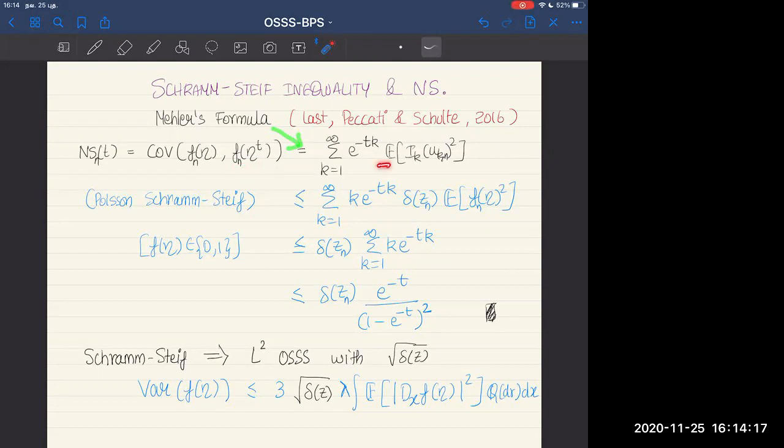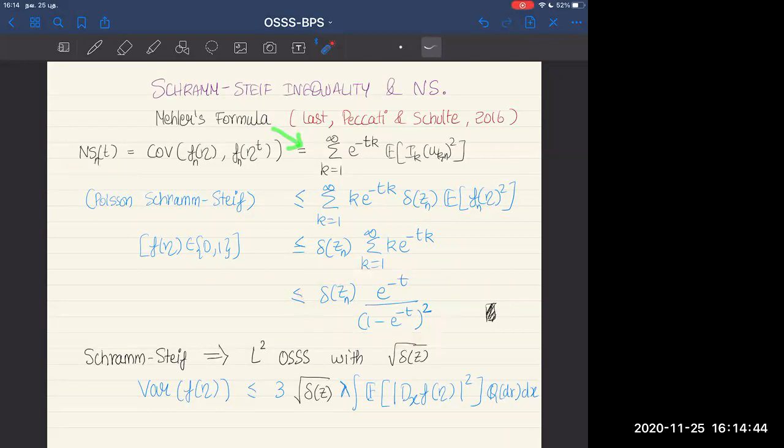And once you use this, use the Poisson Schramm-Steif inequality here. This is a very simple derivation from Poisson Schramm-Steif. And now it is very clear what to do. f_n is 0,1 valued, so this term vanishes, and delta Z_n comes out. You have a sum, so you have delta Z_n times e to the minus t times (1 minus e to the minus t) squared. So for NS_n(t), I've got a quantitative control.